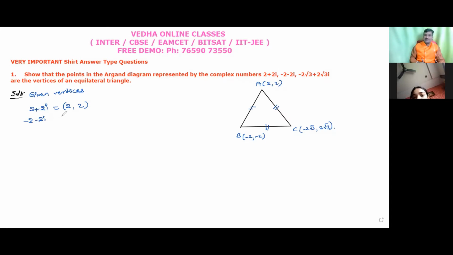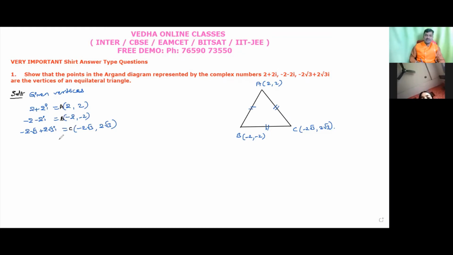Minus 2 minus 2i we can write as (minus 2, minus 2). And minus 2 root 3 plus 2 root 3i we can write as (minus 2 root 3, 2 root 3). Let us name these A, B, C.